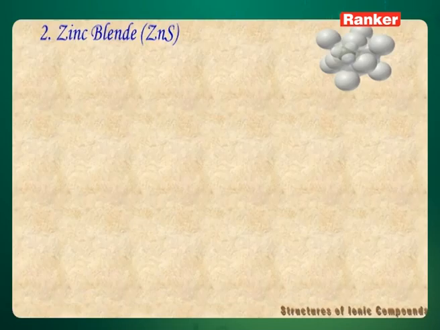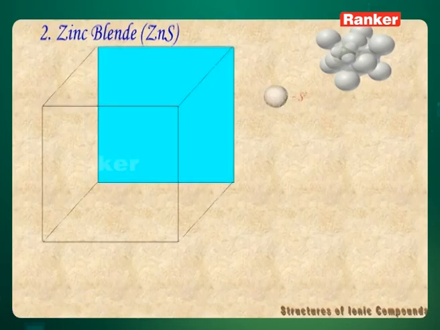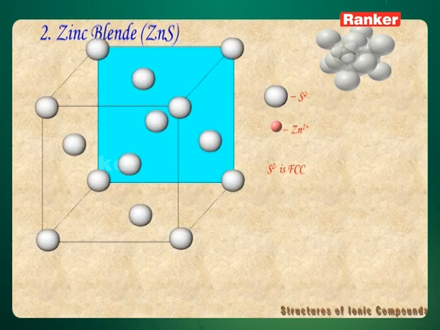Now, look at the zinc blende structure. Now, white spheres are again sulfide, red is zinc. These are the sulfide ions at the corners and face centers. Zinc ions occupy alternate tetrahedral voids. So, that is along the body diagonal, that is 1. This is from the other body diagonal, right.